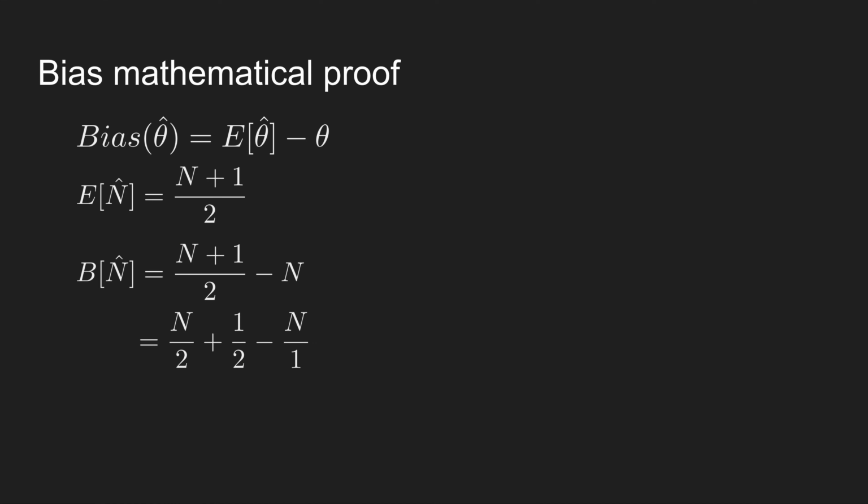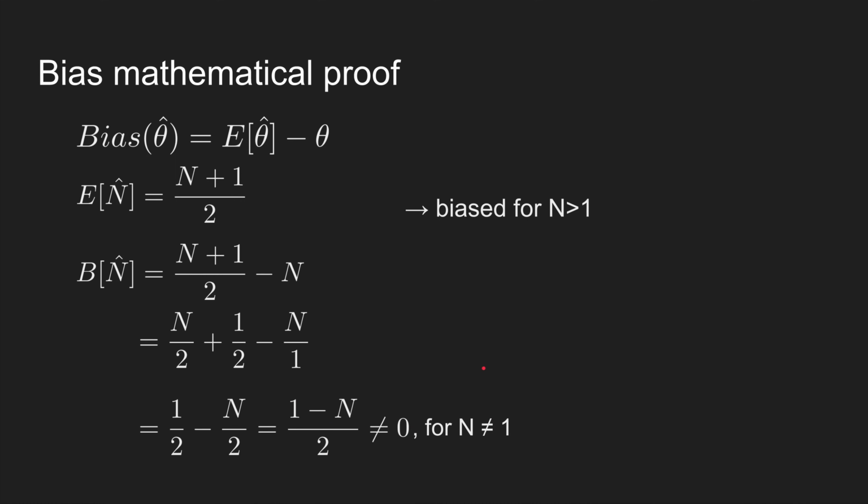If we calculate this, we obtain (1 minus n) divided by 2, which is unequal to 0 if n is bigger than 1, and we know that n is at least 1 because the serial number starts at 1. This means that for n bigger than 1, the maximum likelihood estimation underestimates the true value by (n minus 1) divided by 2.